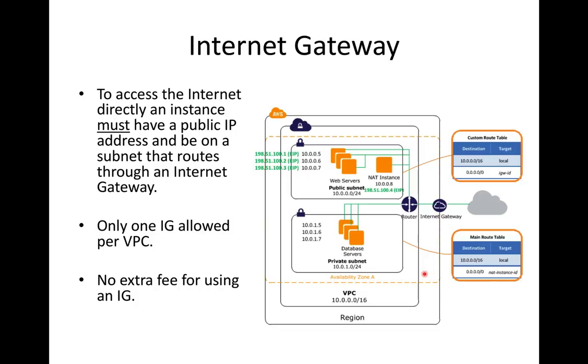Now, when you create an EC2 instance and deploy it into a VPC and into a specific subnet within that VPC, the EC2 instance has a private IP address by default.